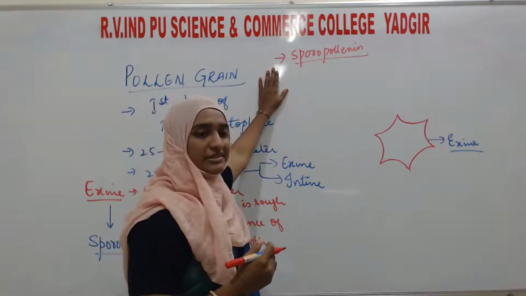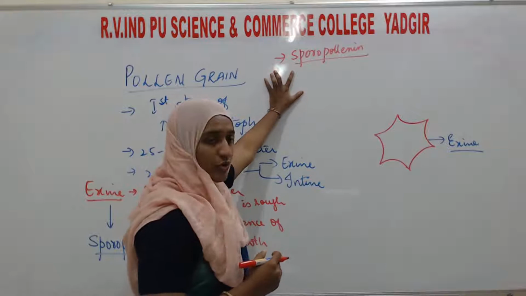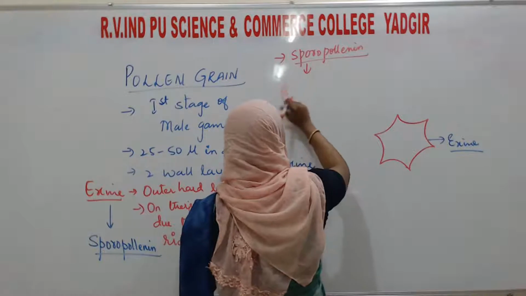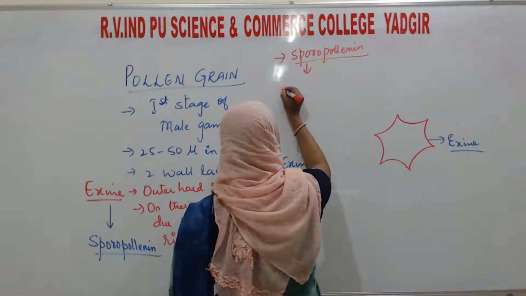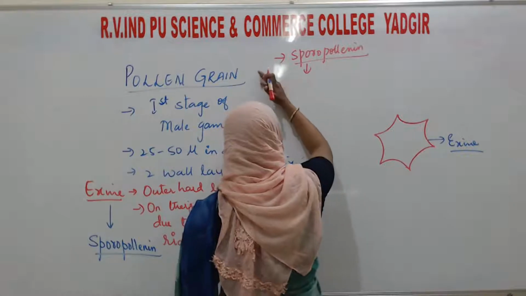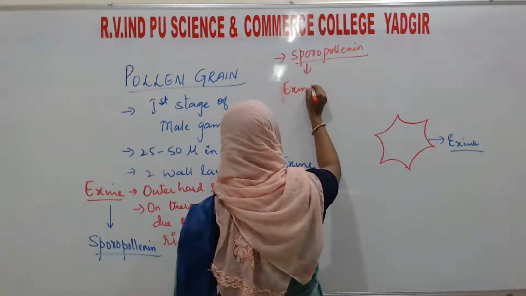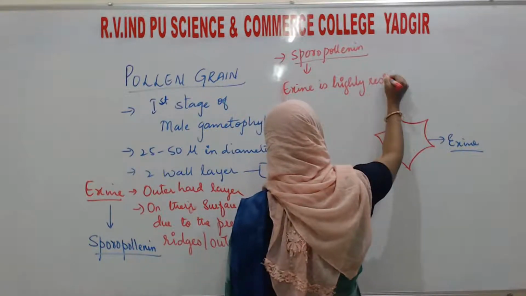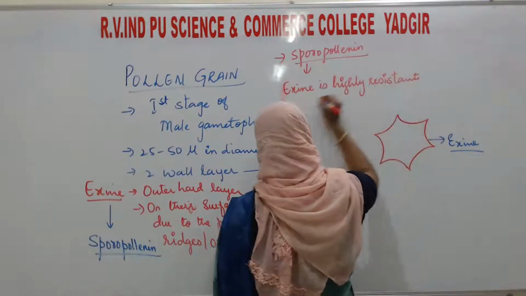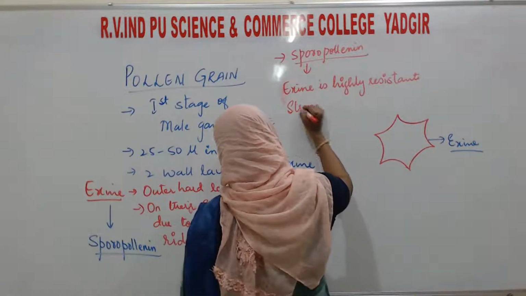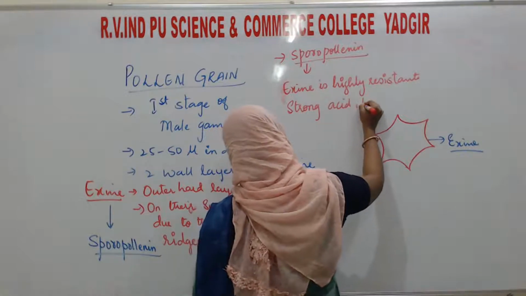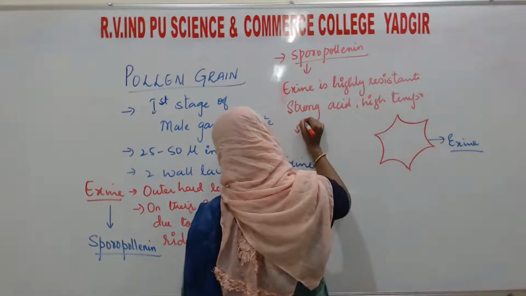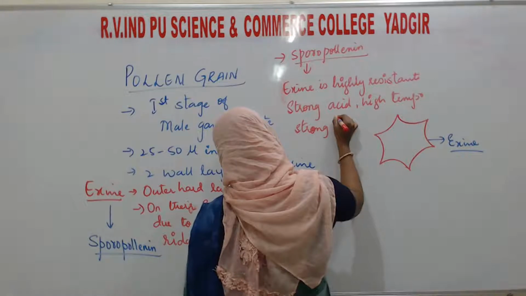See here, due to the presence of a chemical substance known as sporopollenin, the exine is highly resistant to strong acids, high temperature, and strong bases or alkali.